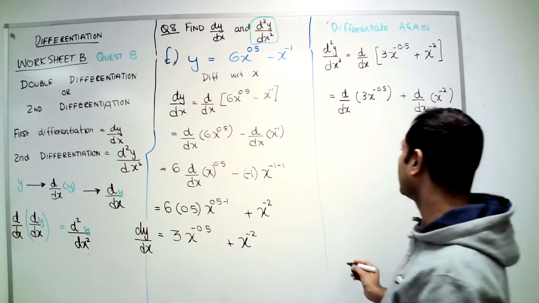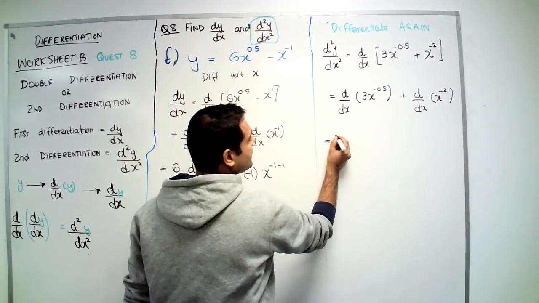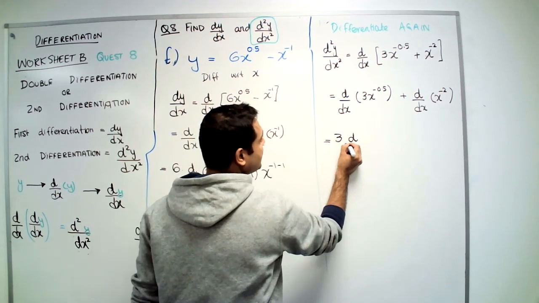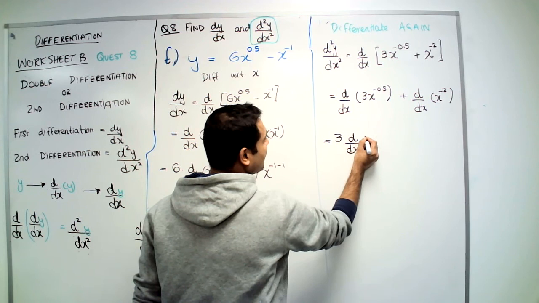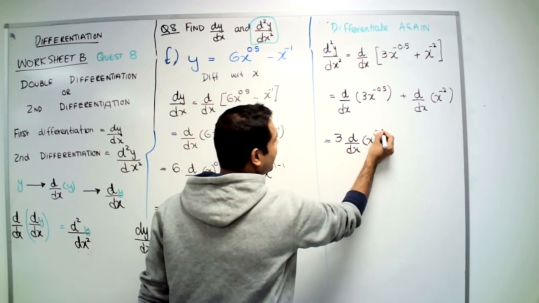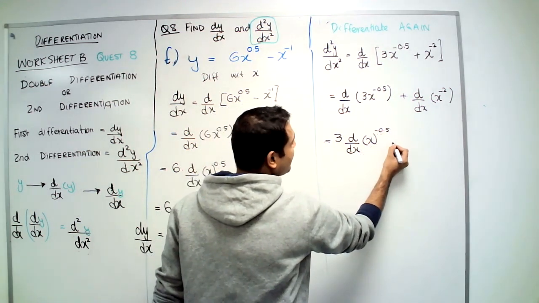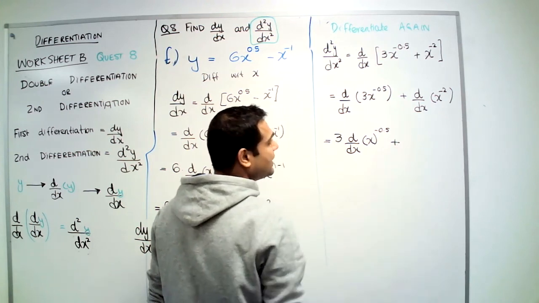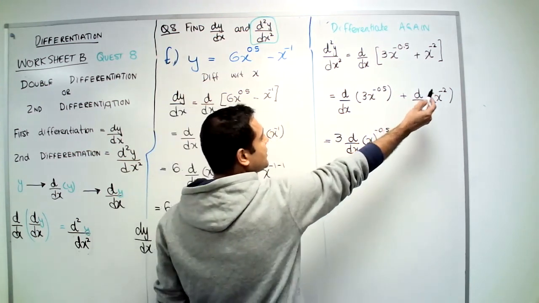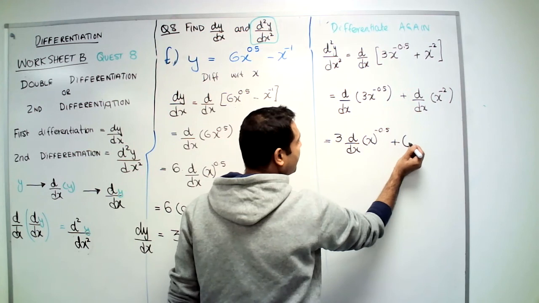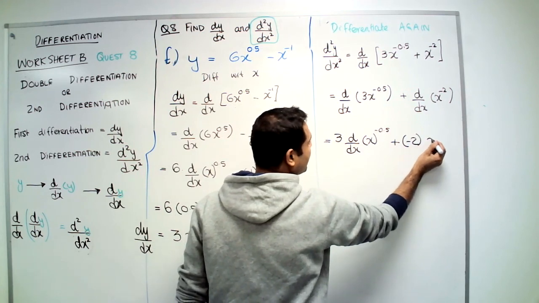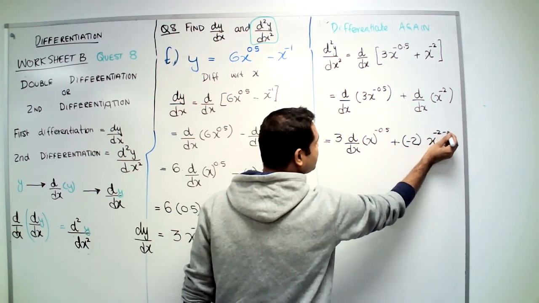Okay, the way it's going to work is this. 3 comes out, d over dx of x^-0.5. On here, plus is there. Minus 2 comes out, and reduce the power of x by 1.